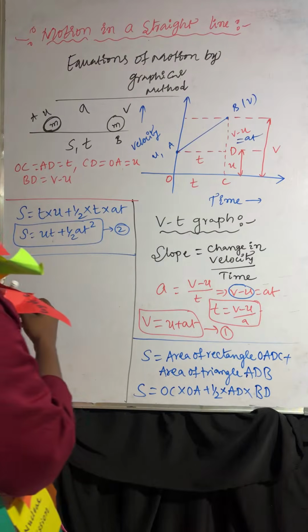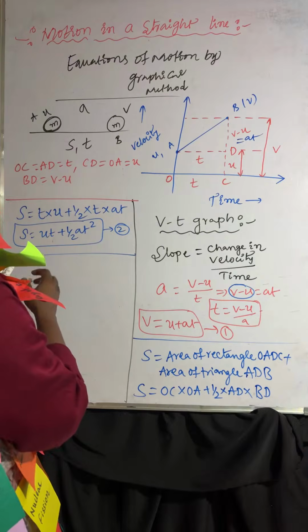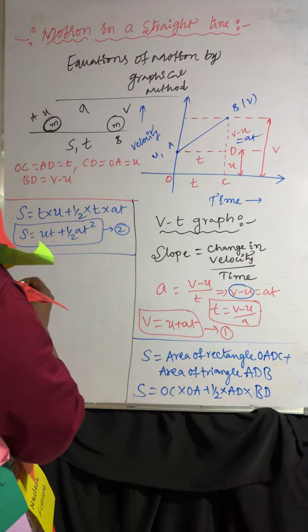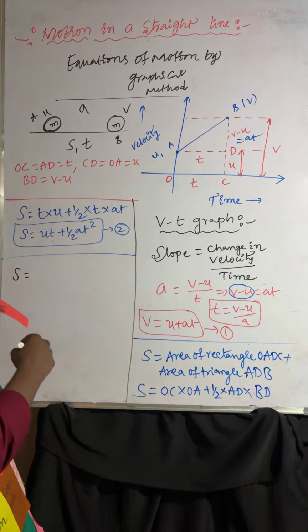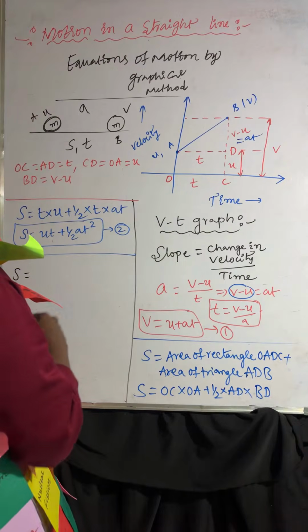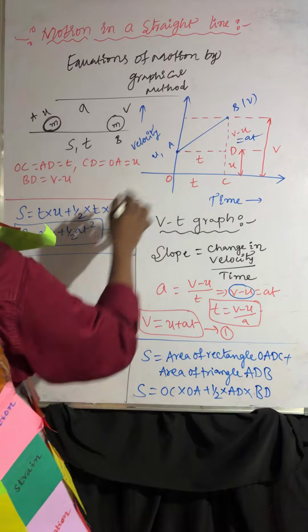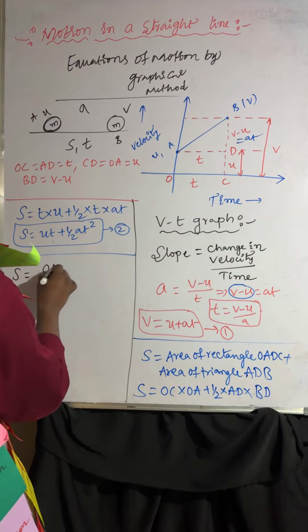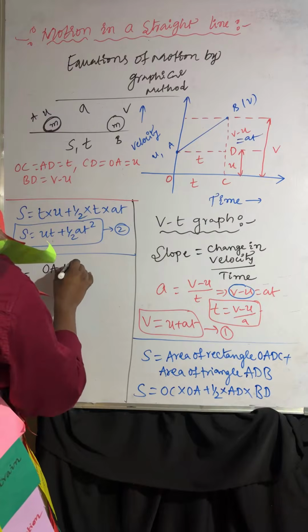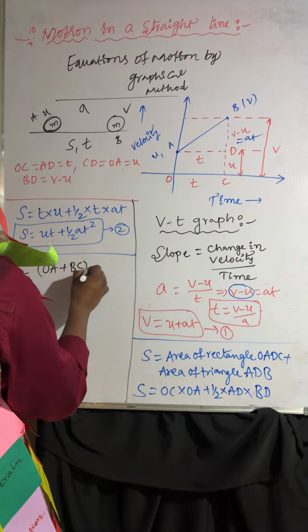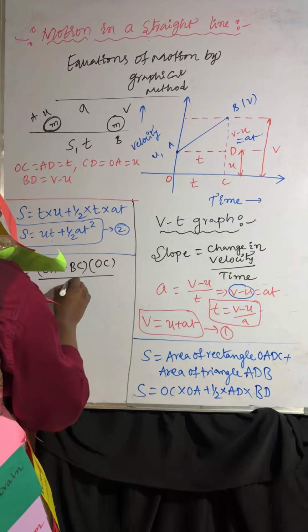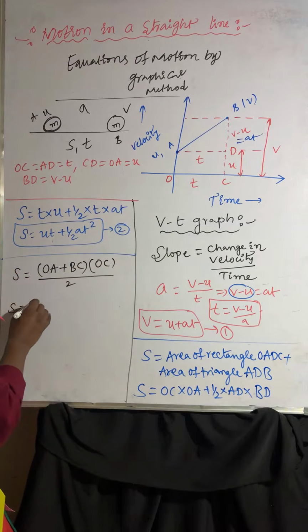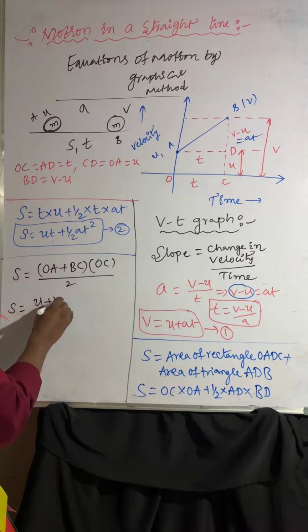Then you can see, from the same graph, the position and velocity relation. The area of the trapezium is OA plus BC, multiplied by OC, divided by 2. That is nothing but U plus V into T by 2.